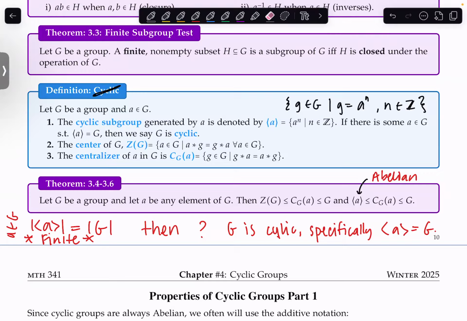So in particular, this is if you're working with finite groups, then if I find that the cyclic group generated by a has the same exact size as G, they have to be the same exact group, right? I also know one is contained in the other. And so if I have the same number of elements and one is contained in the other, they have to be the same if I'm working with finite orders. So I think this will be most helpful in that last problem that you'll have on the homework set. So just keep that in mind.